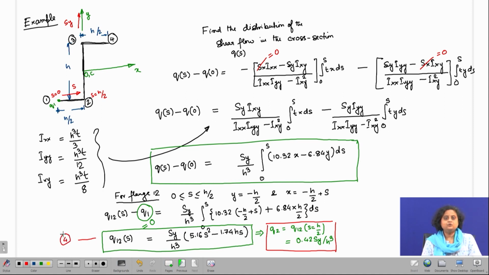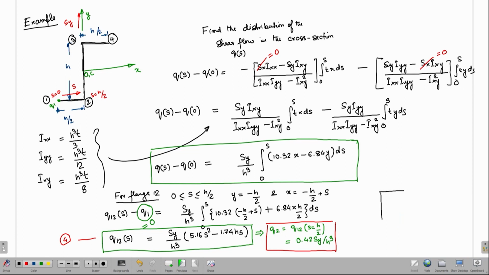Now, if we use equation 4 and try to plot the distribution of the shear flow in the cross section, let me draw the cross section once more.